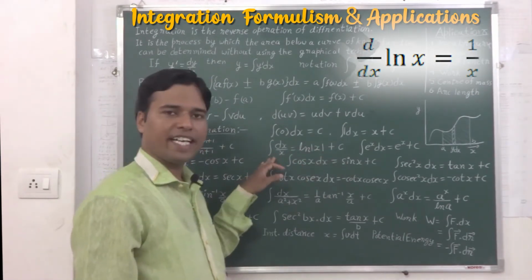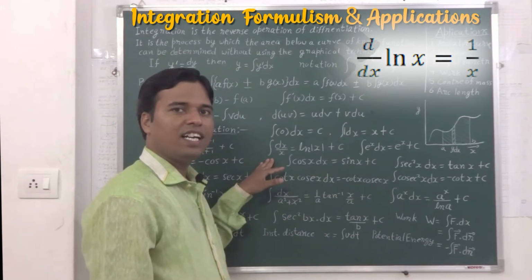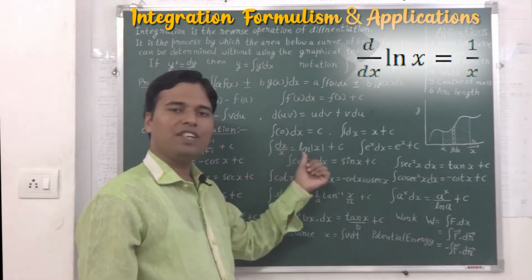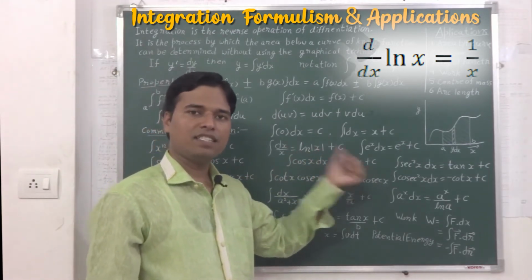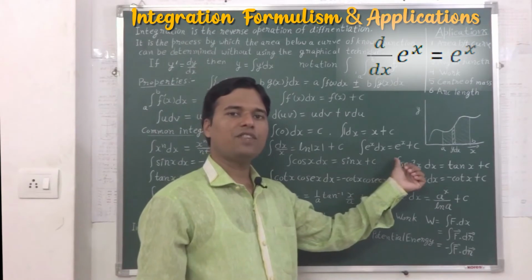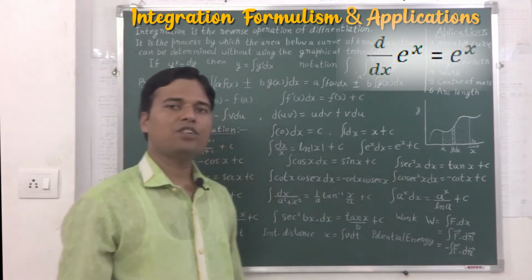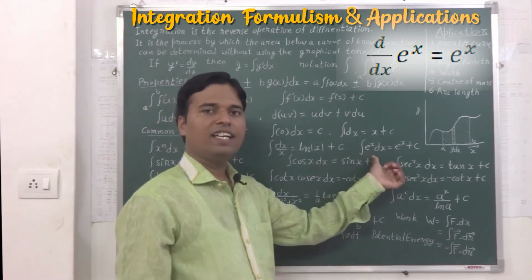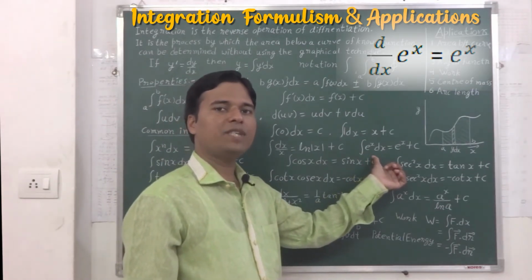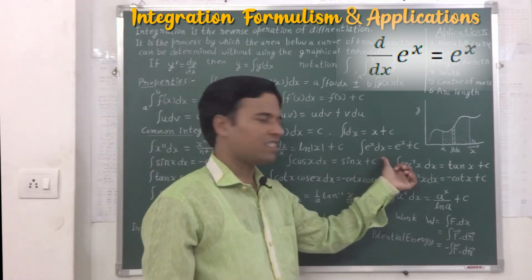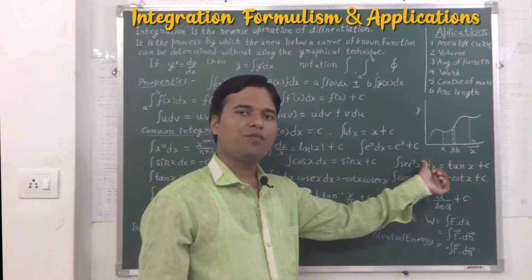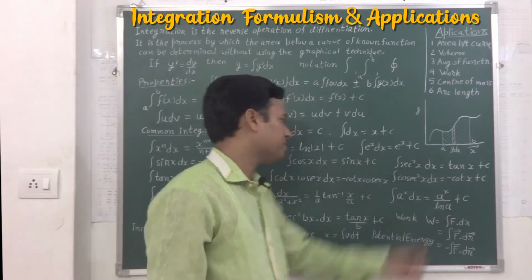In the reverse process, if you take the integral of 1 upon x with respect to x, then you will get natural log of x plus c. The derivative of e power x is equal to e power x only. So here, if we take the integral of e power x with respect to x, you will get e power x plus the constant of integration, that is c.